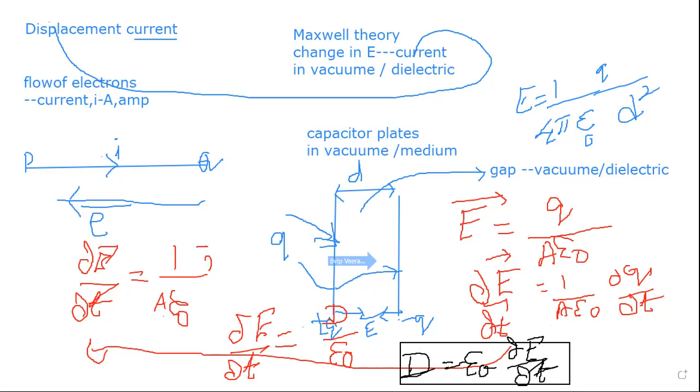So this is about the displacement current. It is not produced due to an external voltage supply. It is due to the change in electric field in vacuum or a dielectric medium. This displacement current has a significant role in electromagnetic theory and electromagnetic waves according to Maxwell's theory. We will discuss that in the next class.